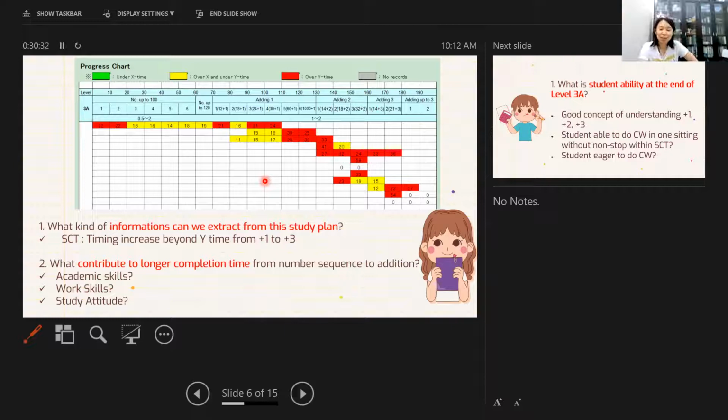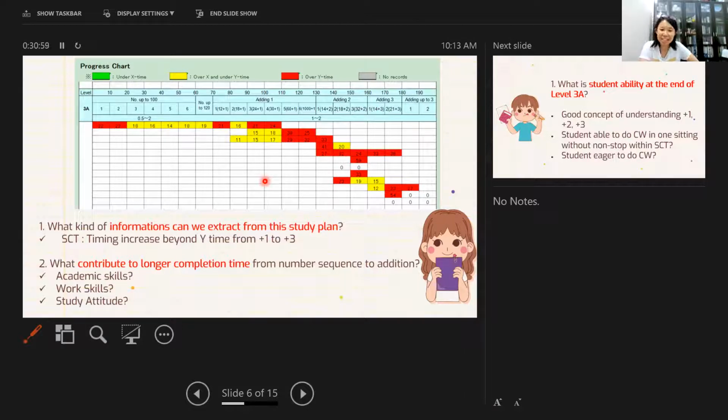We would go based on the problem. I mean, what caused him to complete only up to that 5 sheet in 17 minutes? If it's because of a lack of concentration, maybe we will stand beside him or sit beside him and give some observation.